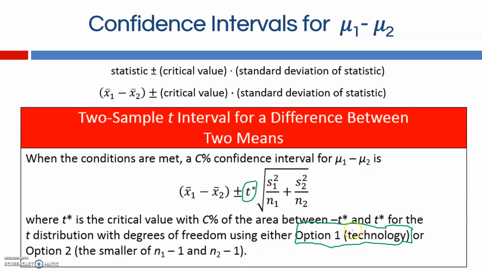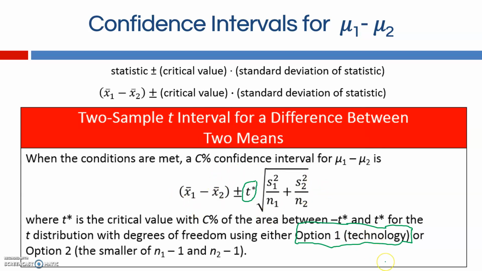Okay, just trust me on this. It's a very, very complex formula. This other option, the smaller degrees of freedom of n sub 1 minus 1 and n sub 2 minus 1, is a very rough estimate and is oftentimes very far from the actual degrees of freedom. So since we have the technology, we're going to use it, and we are going to do this completely on our calculator.